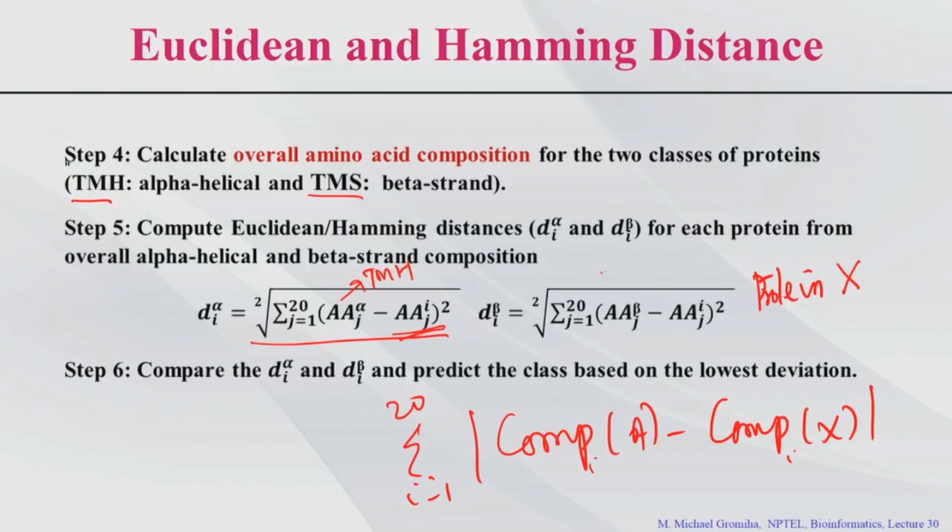Likewise, you do it for the TMS proteins and your query protein: get the difference, square it, sum up and take the square root. Then you will get d alpha i and d beta i. Then you compare these two, d alpha i and d beta i, whether obtained from the Euclidean distance or the Hamming distance, and it will tell you whether your protein is TMS or TMH.